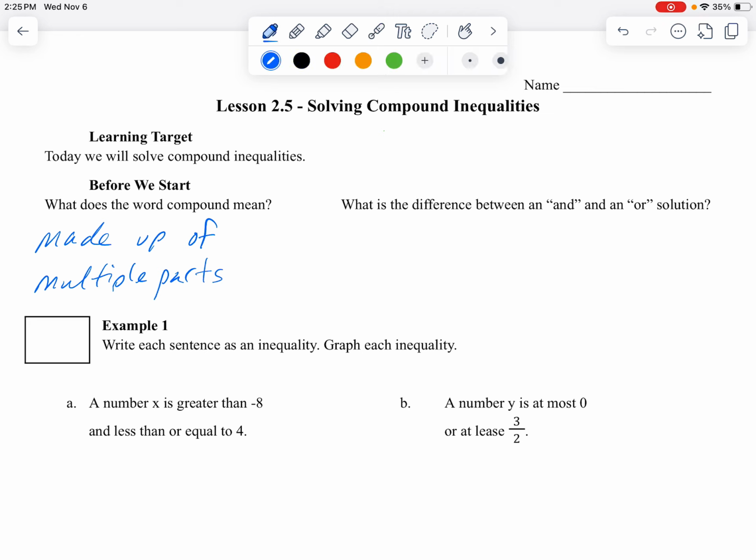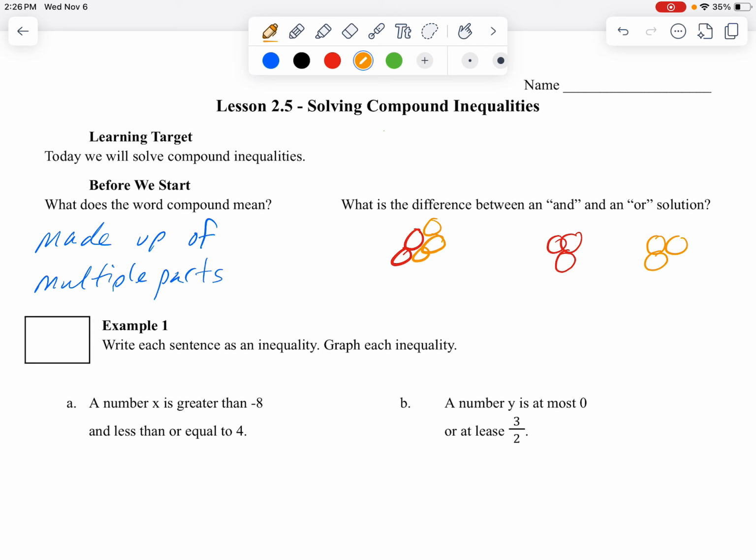If I was talking about apples and oranges, I'm thinking about the two of them being together, right? I have a bowl of apples and oranges. If I'm thinking about or, I've got some apples or I've got some oranges, that means one or the other.